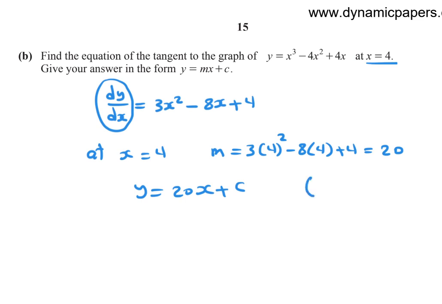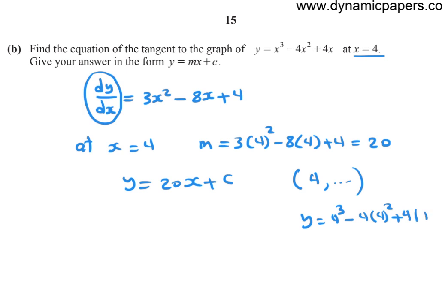We have the x coordinate for this point, 4. We can find y by substituting in the original function. So y equals 4 power 3 minus 4 times 4 power 2 plus 4 times 4 equals 16.